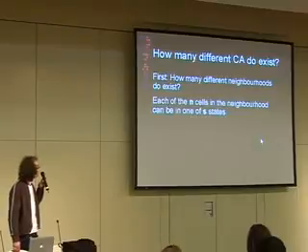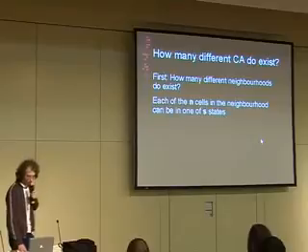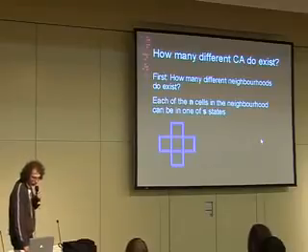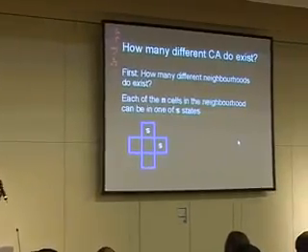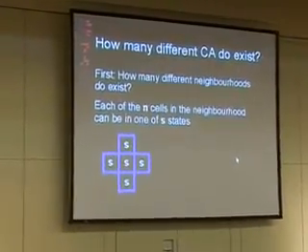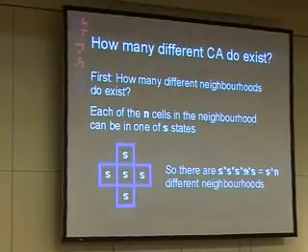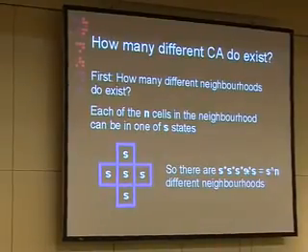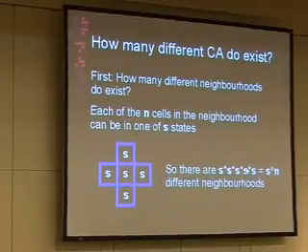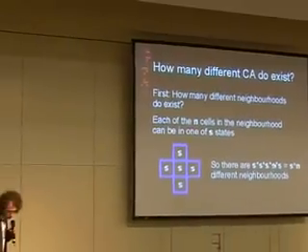Each of the n cells in the neighborhood can be in one of S states. Here's an example. This can be in one of S states, this can be in one of S states, and this too, and this too, and this too. So there are S times S times S, S to the nth power, different neighborhoods. It's analogous to numbering systems with the base S. So it's easy to calculate.